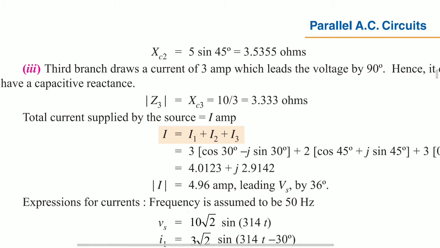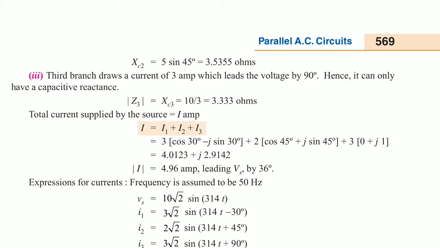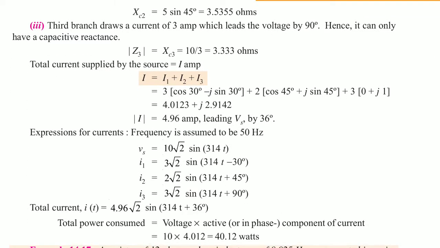In branch 3, the third branch draws a current of 3 amps which leads the voltage by 90 degrees. Hence it can only have a capacitive reactance. Why capacitive reactance?